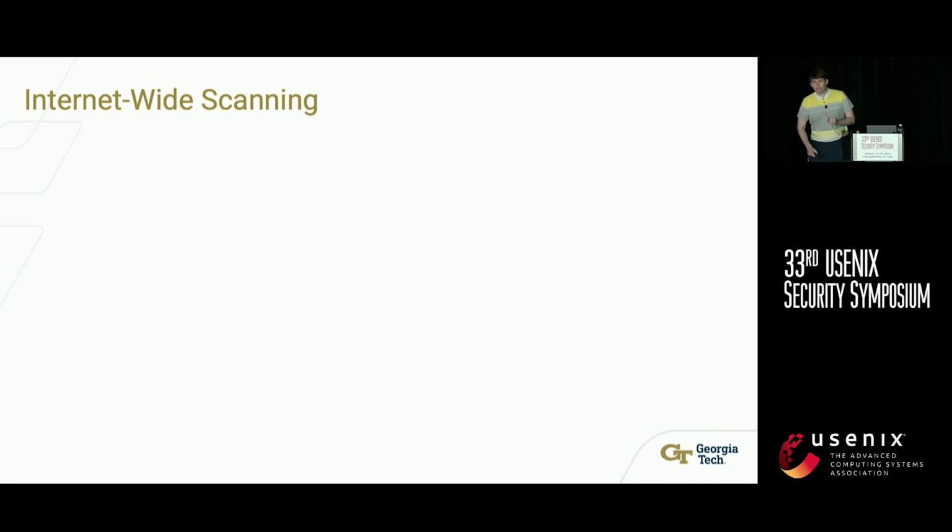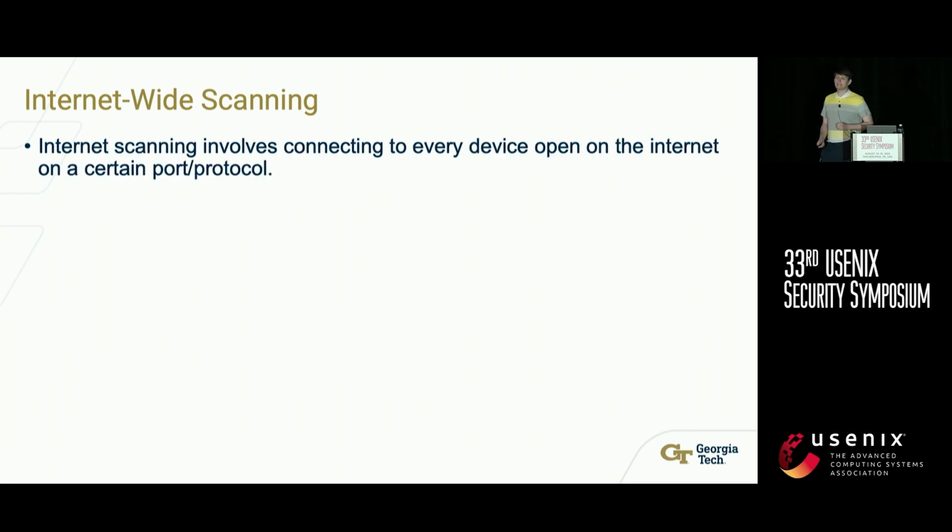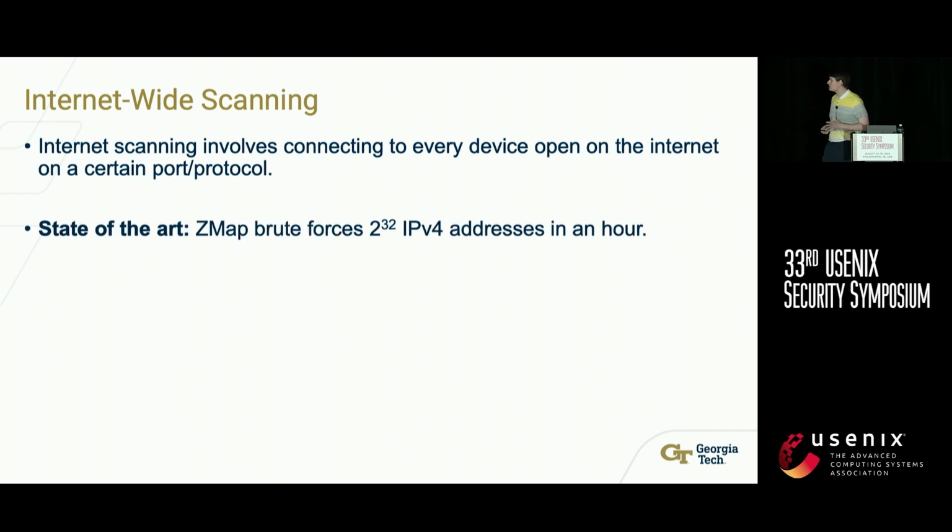A really important security tool that we use for this kind of analysis and measurement is internet-wide scanning. Internet-wide scanning involves connecting to every device open on the internet on a certain protocol. The state of the art for this is ZMap, which can brute force connect to the entire IPv4 internet in just an hour.